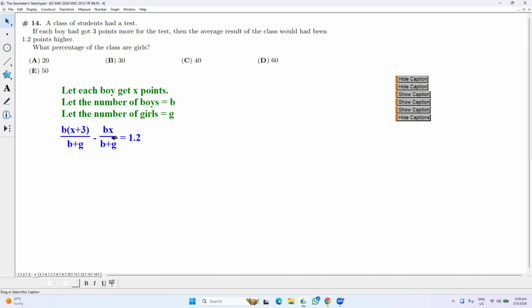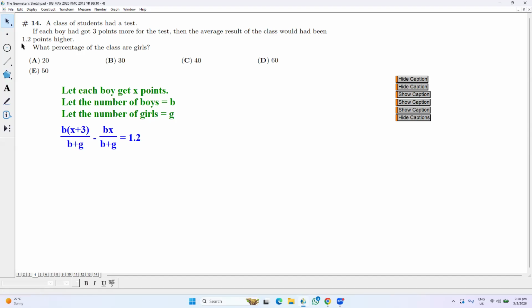So this is the average before adding the 3 points.